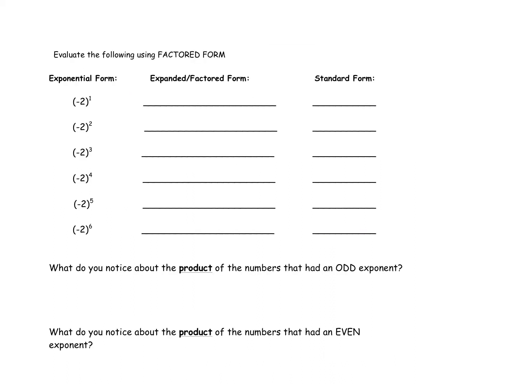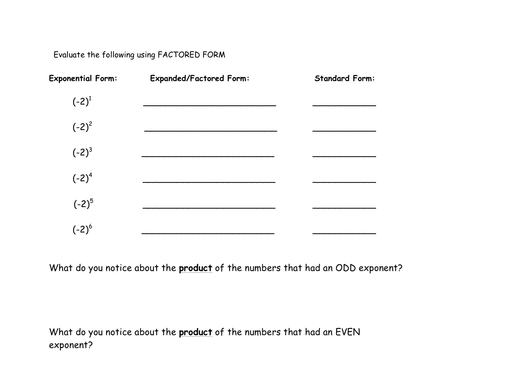So continuing to the next page, it says evaluate the following using factored form. So we're given a series of -2's raised to different powers, and it wants us to write the expanded or factored form and then standard form.